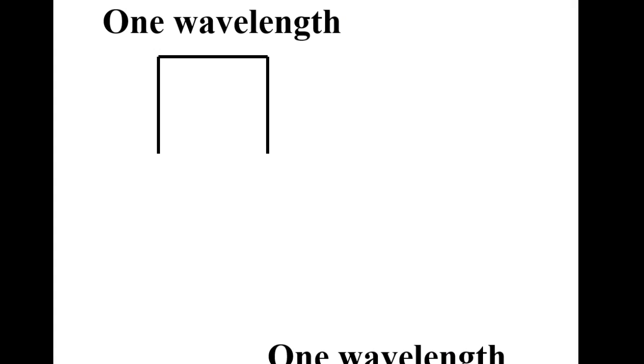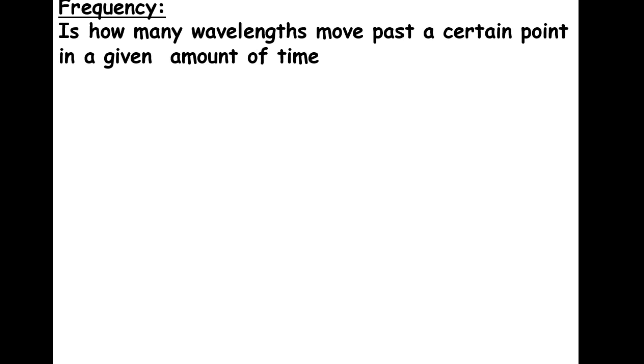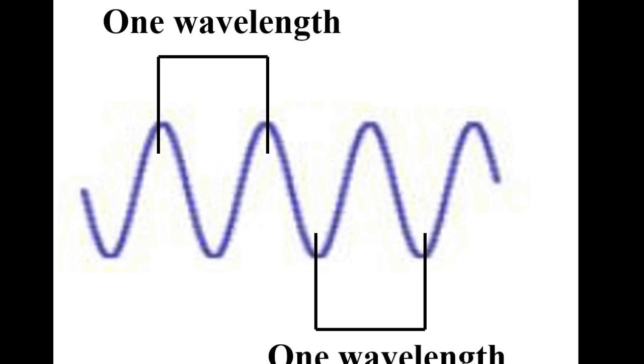So one wavelength is measured from crest to crest or from trough to trough. We call the top part the crest, as you may have heard from surfing, the crest of a wave. That's considered the top part of the wave, from top to top. That's how we measure a wavelength. And the trough is the bottom to the bottom. That's what we will designate it to be, either a short wavelength or a longer wavelength.